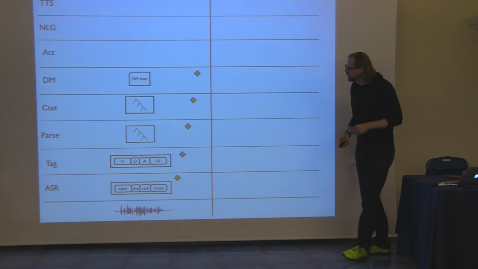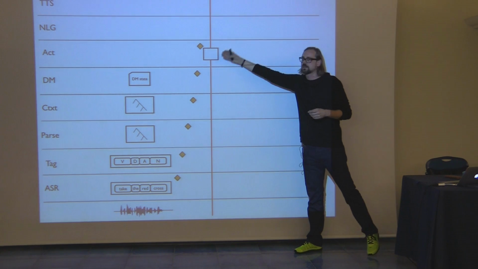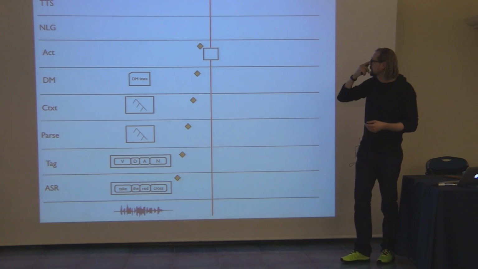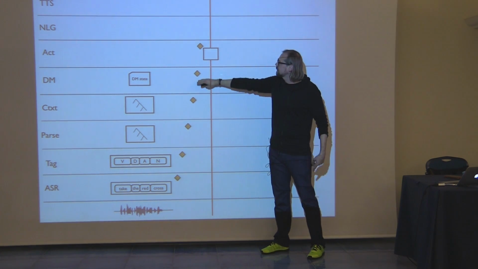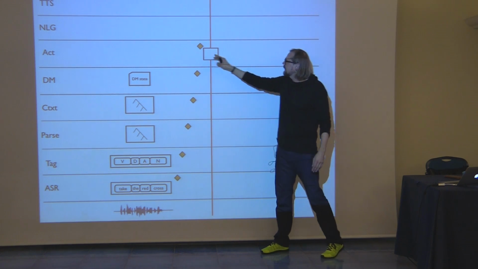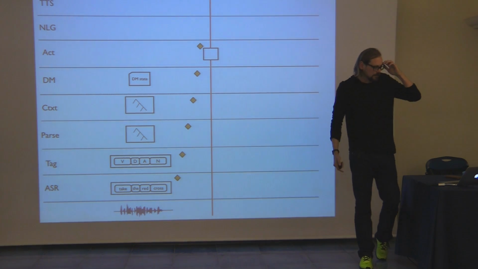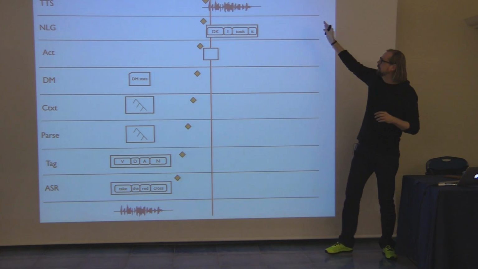We can also model in this model decisions of the system that concern the future, right? So this here would be the dialog manager has made a decision to produce a certain act, and this action manager then has planned an action to happen in the future, and so on up onto the level of speaking.